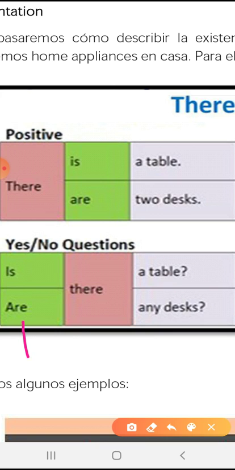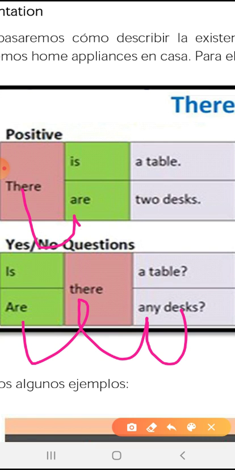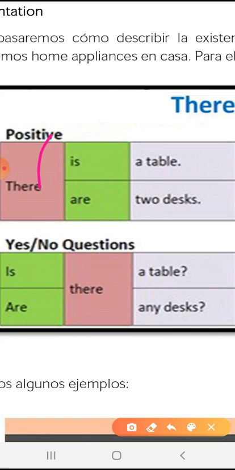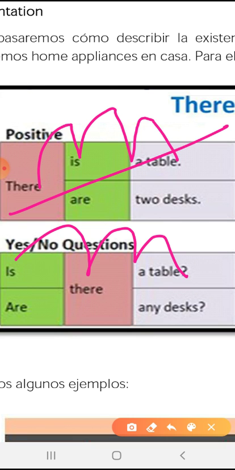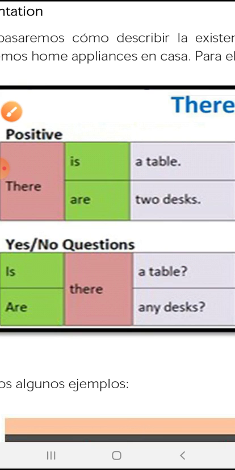Okay. Are there any desks in your house? Yes, there are 2 desks. Okay? Once again, there is a table. Is there a table? Respuesta, pregunta. Answer and question.